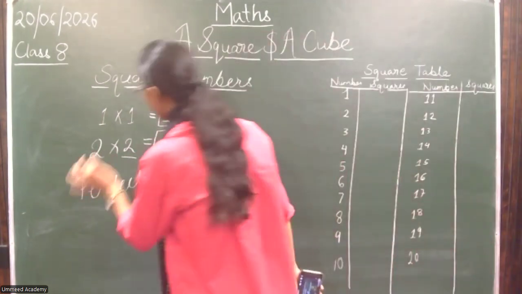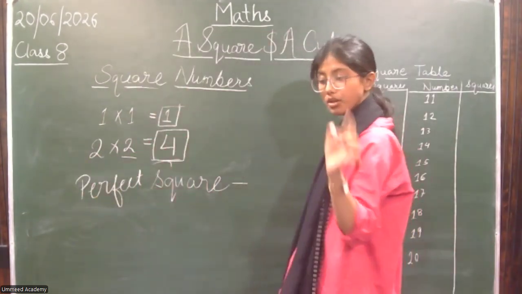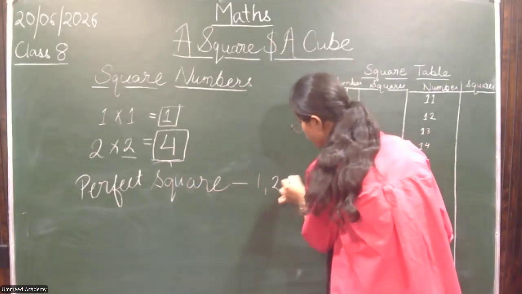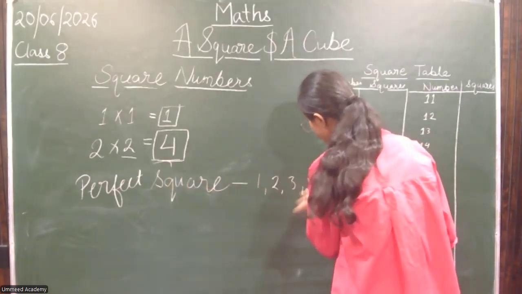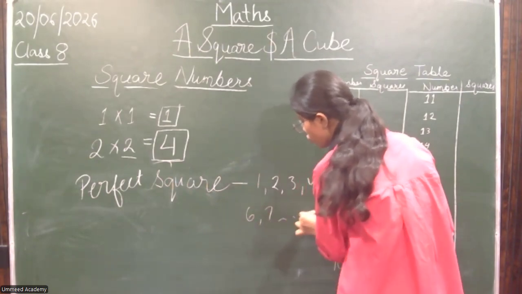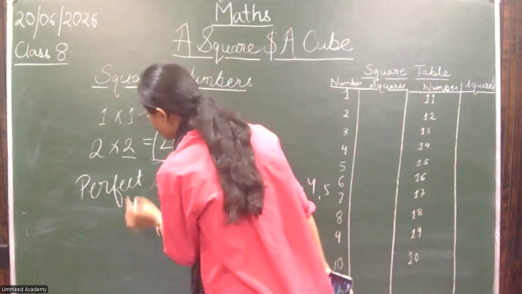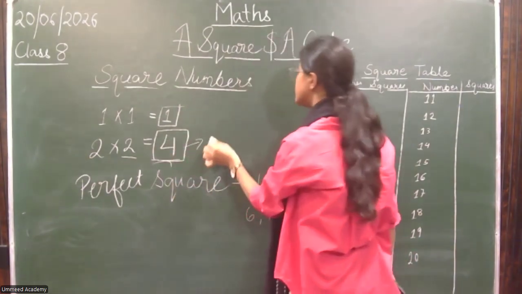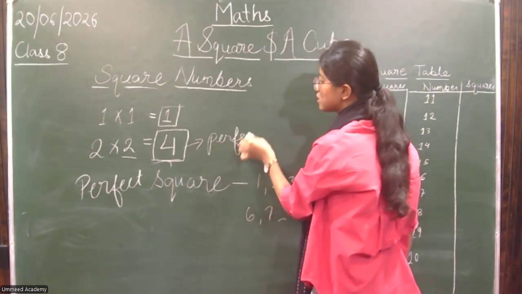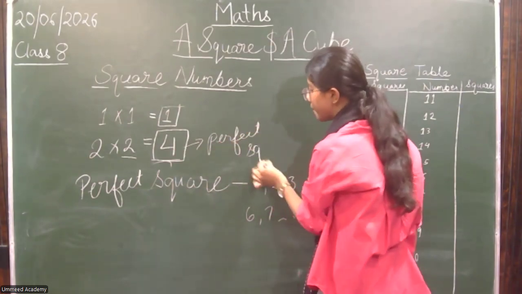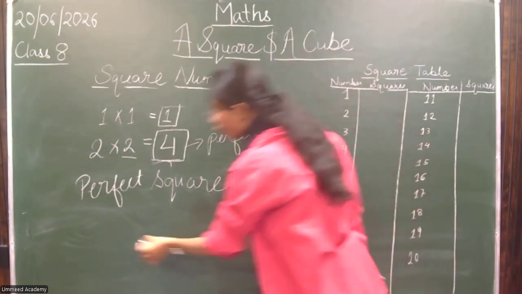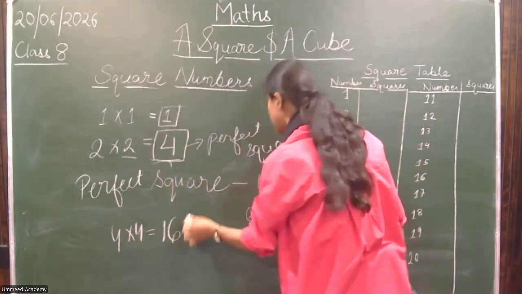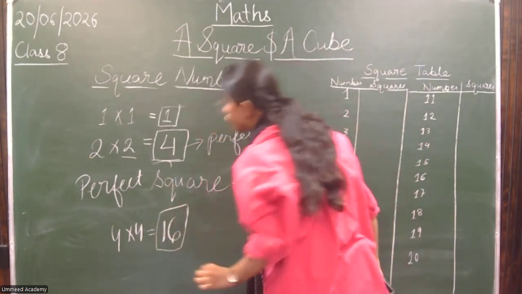See, the square of a natural number like 1, 2, 3, 4, 5, 6, 7 and so on is a perfect square. Like 4, this is a perfect square because this is a square of a natural number. Now if we multiply 4 with 4, what do we get? We get 16. 16 is a perfect square.